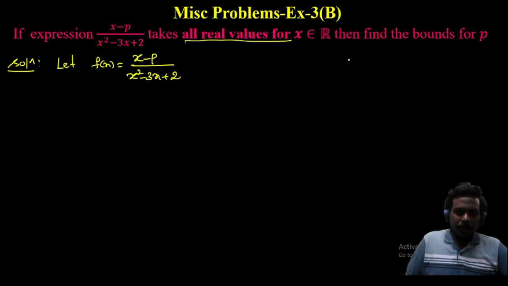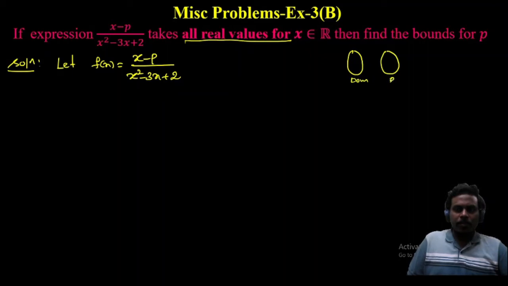That means if we treat this as a function, this is the domain, this is the range. So the domain is the entire reals, and from this set to this set we are defining this function f of x, and the range is going to be R because the function is going to take all real values.